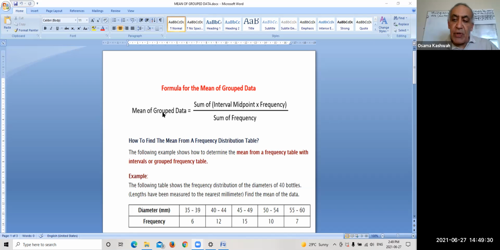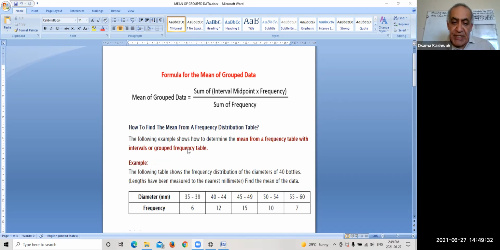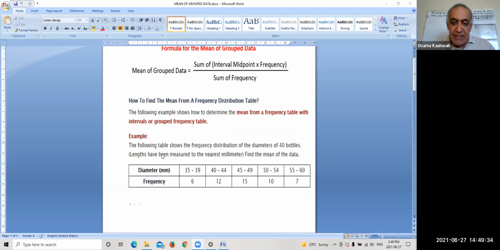So grouped data is usually like what you see here in front of you. Is there a difference between this kind of data and the data in the previous example? Yes, there is. The data in the previous example was just numbers, randomized, meaning it's not organized.